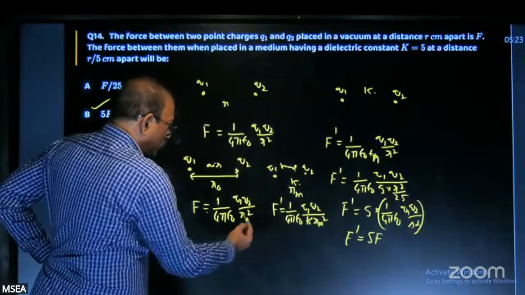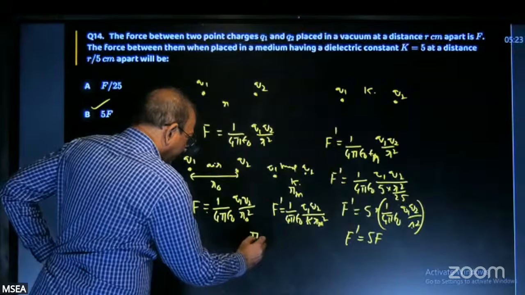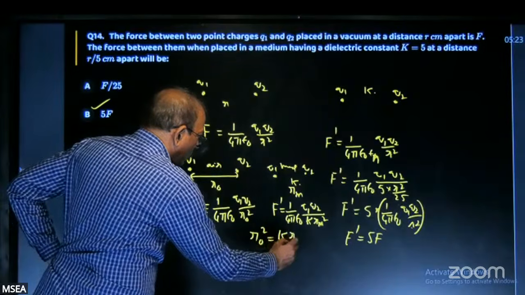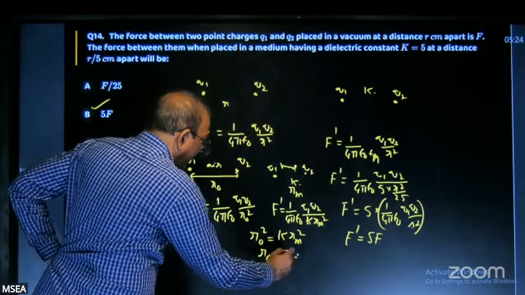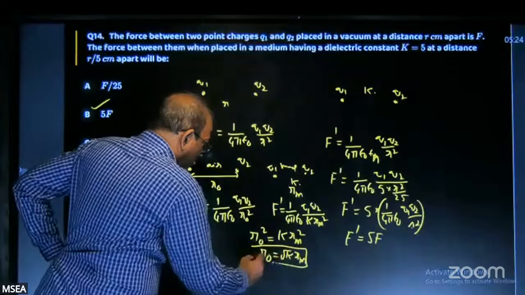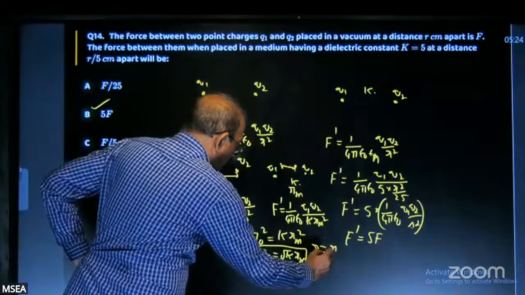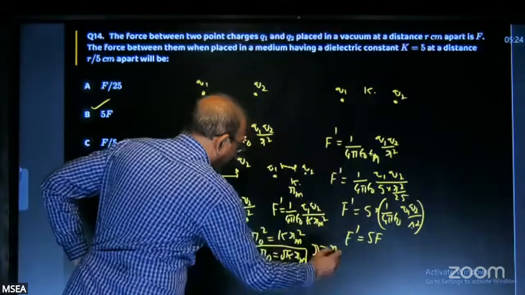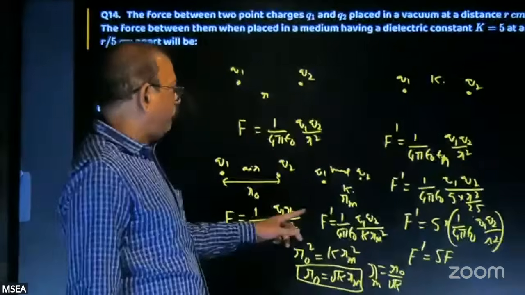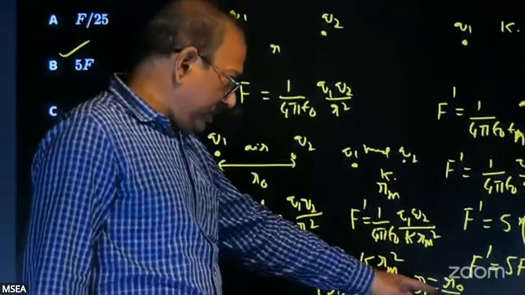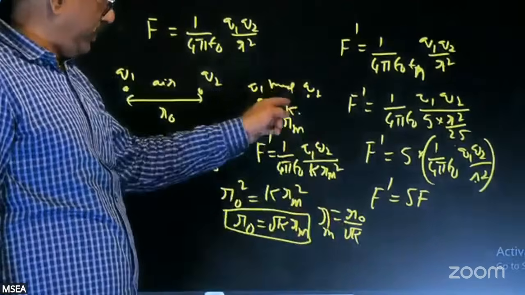If I equate these two, 1 by 4 pi epsilon naught Q1 Q2 cancel. You will get R naught square is K into Rm square, means R naught is root K into Rm. That means Rm must be equal to R naught by root K. You must decrease the distance by root K times if you want the same force, where K is the dielectric constant of that medium.